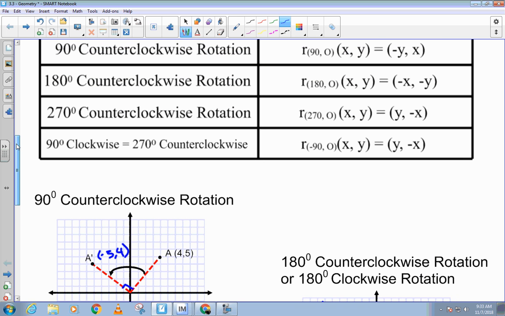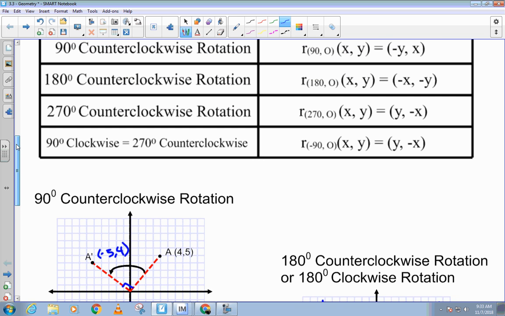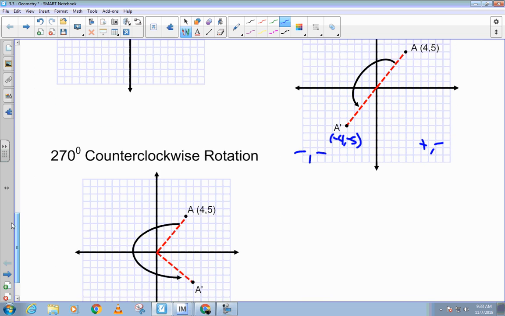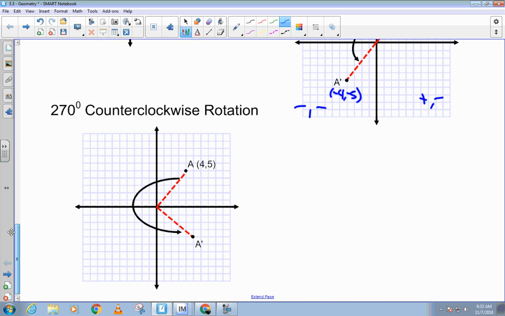270 counterclockwise and 90 clockwise are the same. 270 counterclockwise is like three-quarters of the way around the circle. So this right here is 270 counterclockwise, going to the left.